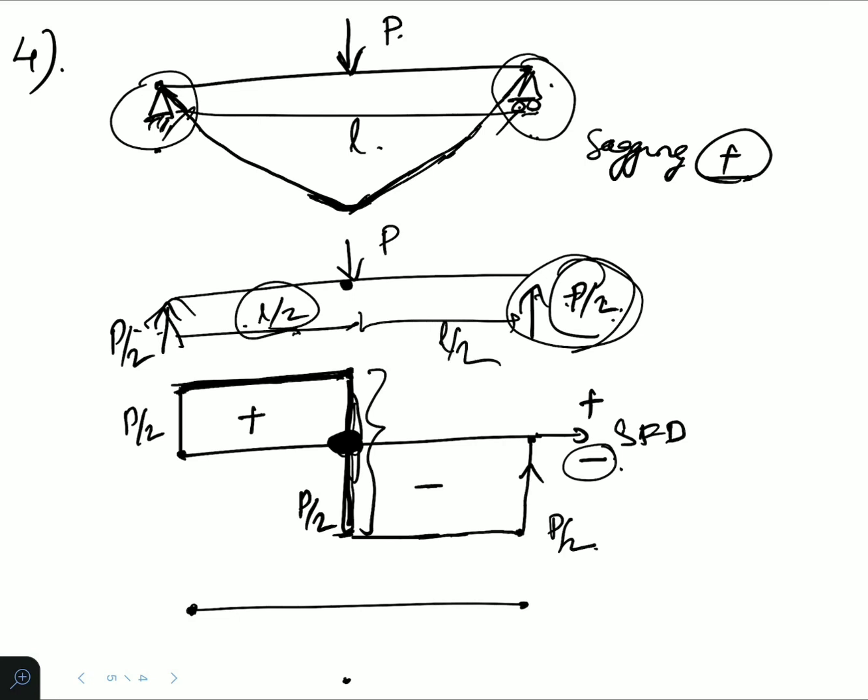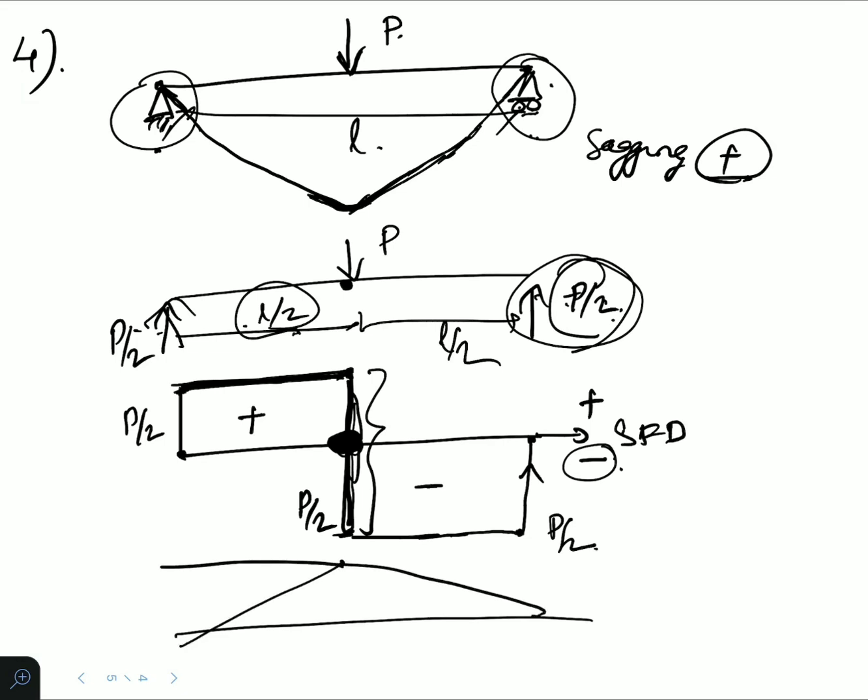So this will be a straight line. We have a moment of PL by 4 here. Oh sorry, this is a sagging case, so it should go upside. So it should go upside like this.